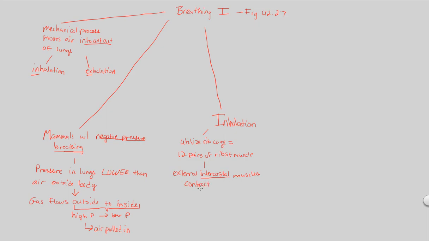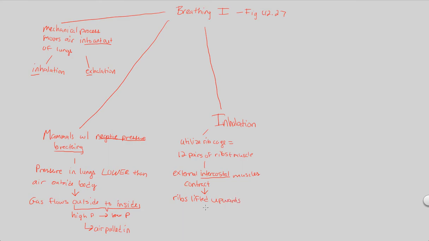They will contract very strongly together, in order to then promote the lifting of the ribs upwards. Because remember, muscles are connected to bones, musculoskeletal system. So the intercostal muscles connected to those ribs at the rib cage cause the ribs to be lifted upwards because they contracted in the previous step. So the ribs are lifted upwards.